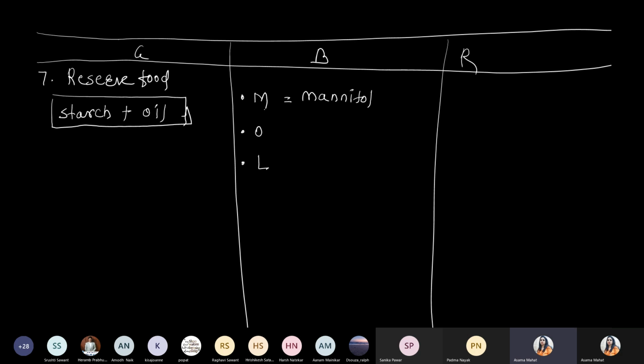Mannitol is basically a sugar, an alcohol sugar, a sweetener. O stands for oil and L stands for laminarian, because we discussed Laminaria, an example of the brown algae, and the name laminarian is derived from there. Laminarian is one type of carbohydrate. So MOL: mannitol, oil, and laminarian.